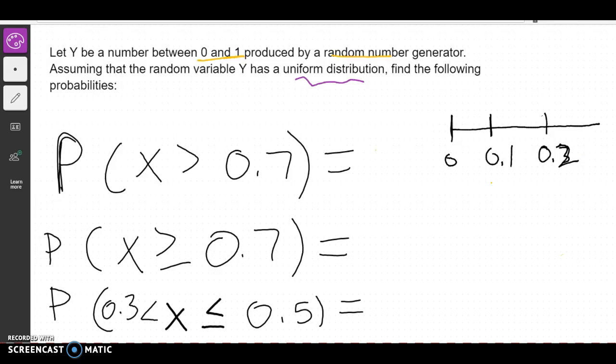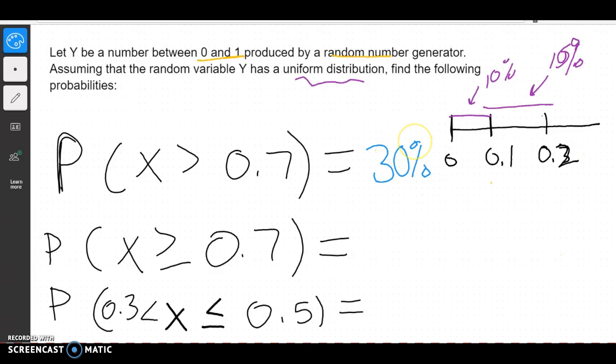If I'm going from 0 to 0.1, that would be about 10% of the numbers, which should be between 0 and 0.1. Between 0.1 and 0.2, again, it should be about 10% of the numbers. So when we're figuring out what percent of numbers would be above 0.7, it should probably be about 30% of the numbers that would be above 0.7.